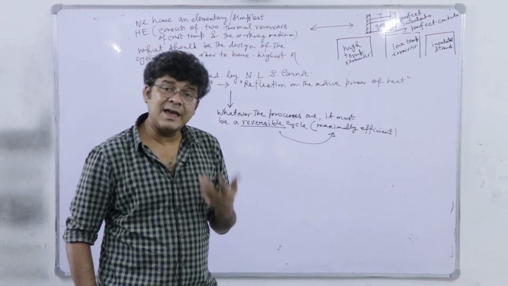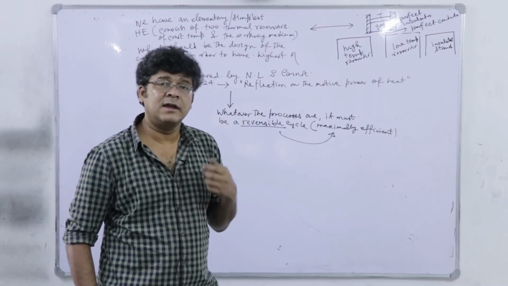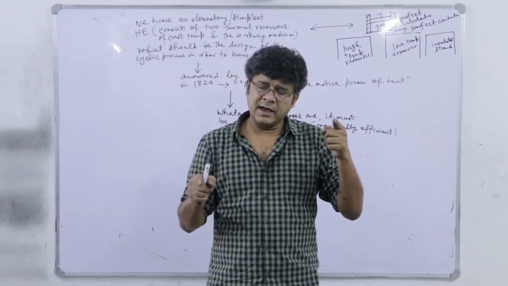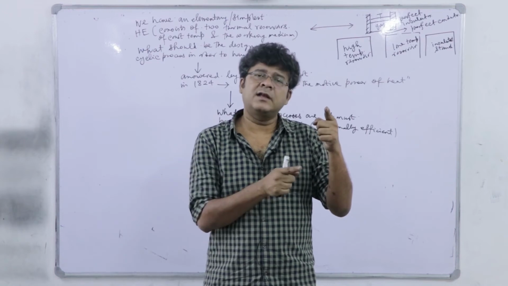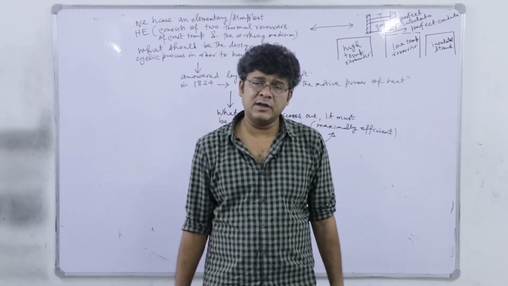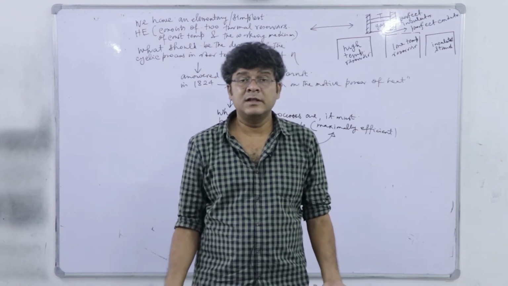Why can it not be an isobaric heat input, then isochoric expansion, then another isobaric heat rejection and isochoric return to the initial state? Why is it not like that?